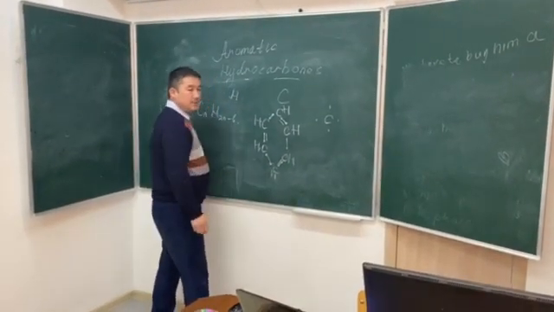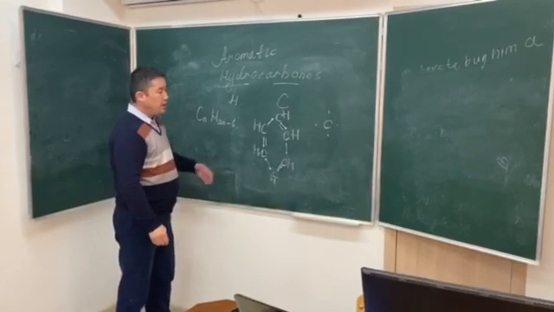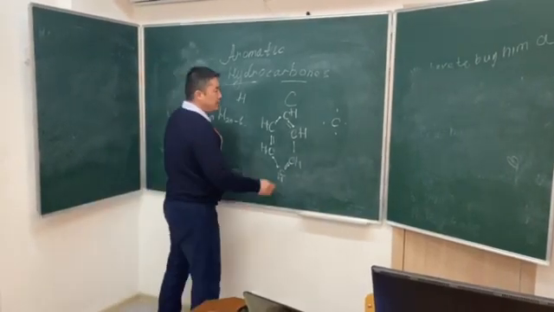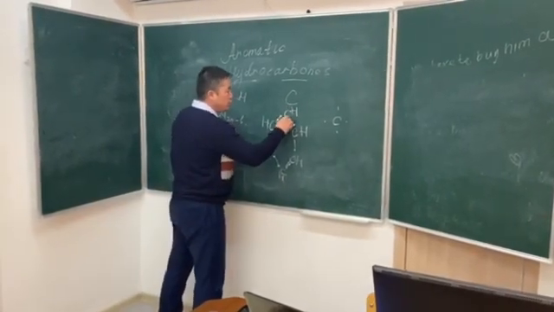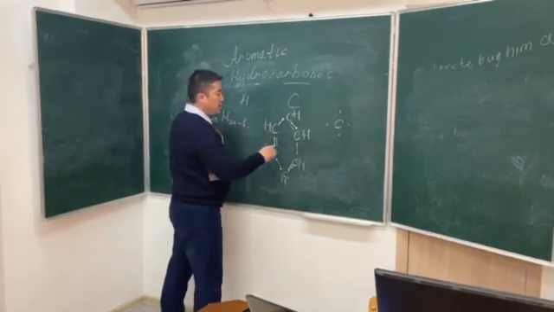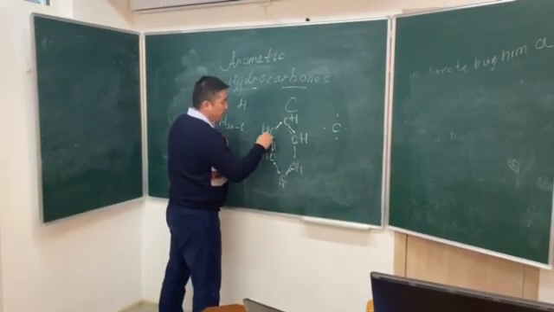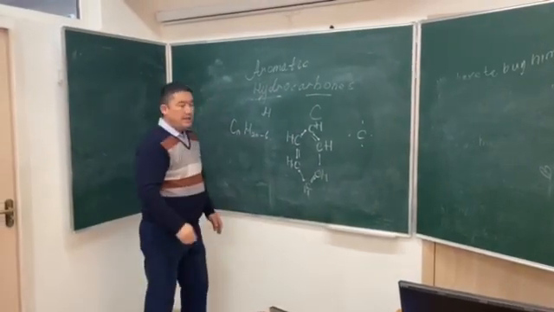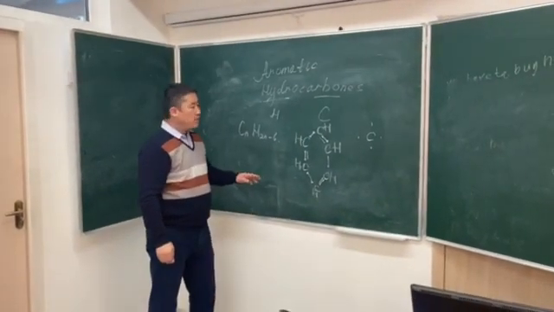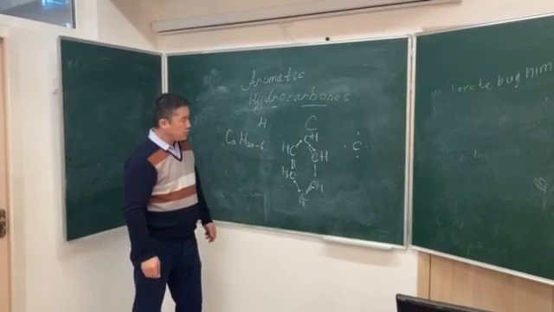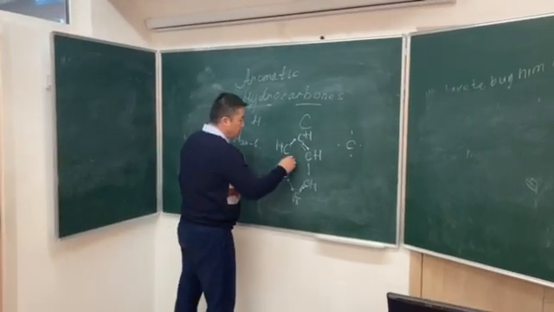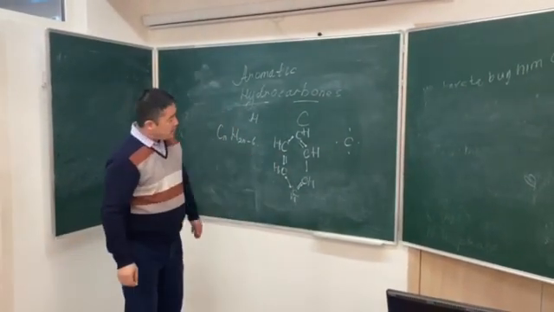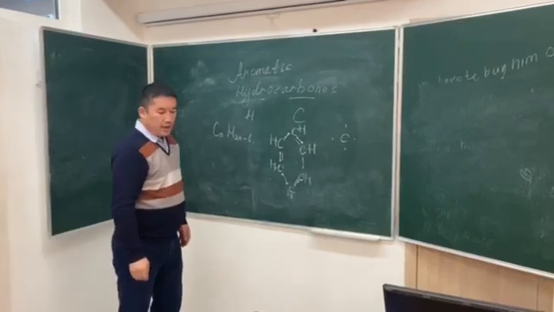So let's count electrons. For example, it's 1, 2, 3, 4. It means 4 electrons we completed. We fulfill the 4 electrons. Okay, this is benzene. This is a structural formula of benzene.